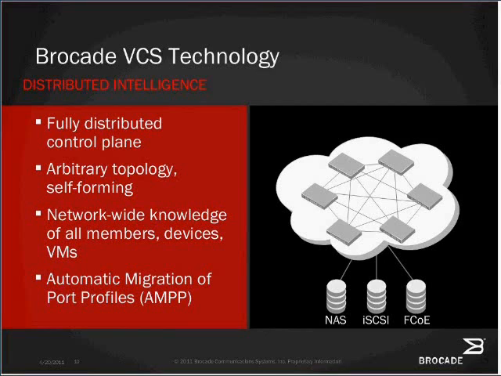One of the other important features of this is that with our fabrics, everything is self-forming. So when you cable a switch into the fabric, it comes up, it learns about the configuration from its attached neighbors and automatically joins the fabric. In addition, let's say you had a link between two switches already connected, a 10 gigabit link, so you have 10 gigabit of traffic going between the two switches, and suddenly you see on the management screen that that link is highly utilized.